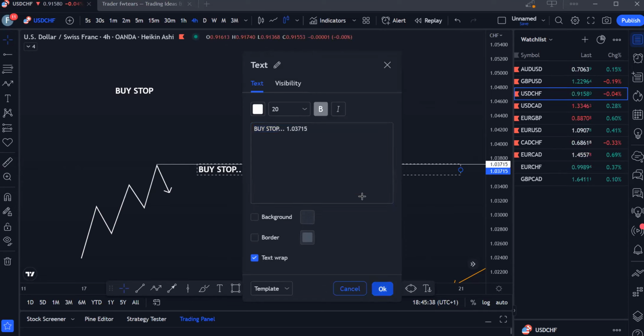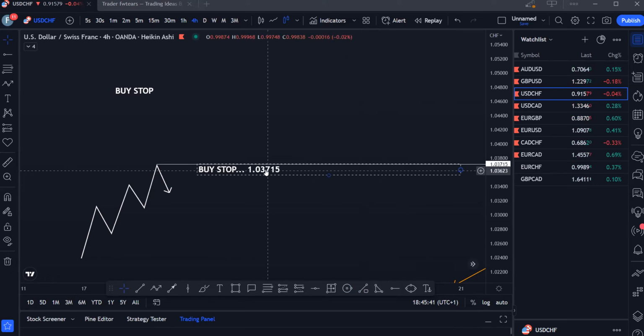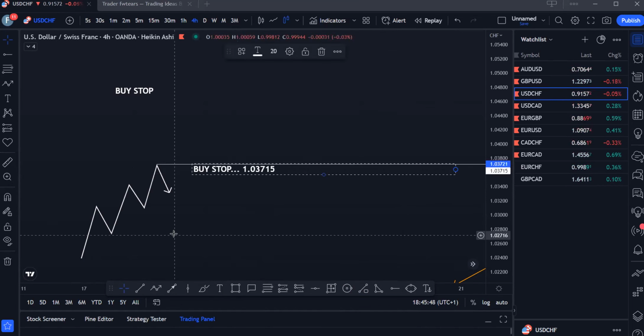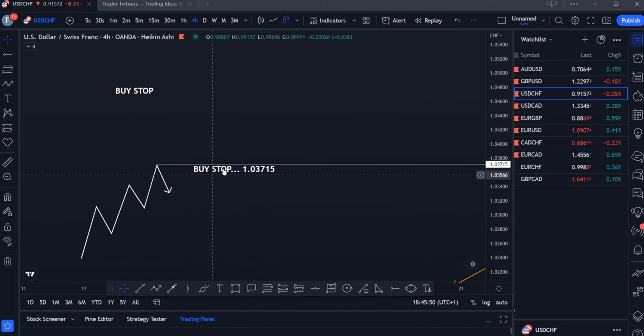1.03715. Okay, so all of these details is what you'll be asked to put into your MT5 platform. If you select a pending order, they'll ask you which one: buy stop. If you select buy stop, they'll ask you the price of the buy stop.